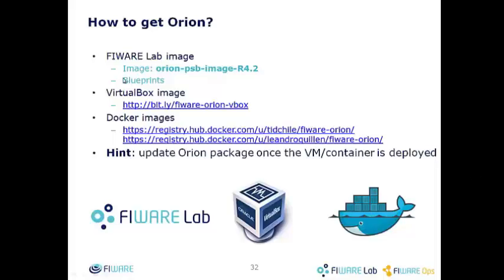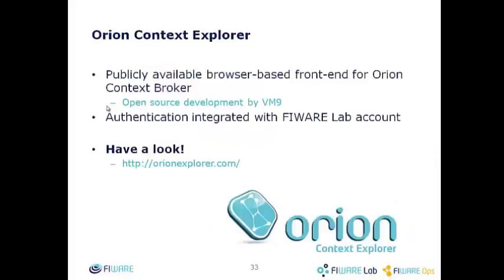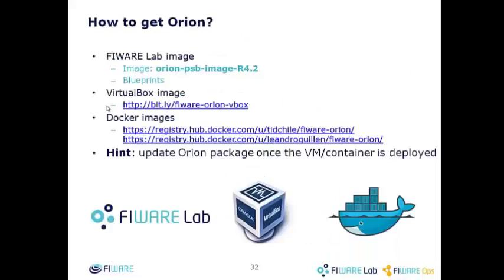You also can have it through the blueprints, also on the FIWARE Lab, and you could have it as a VirtualBox image for your own computer or for your own server, on a virtual server, from this address. And then you also have Docker images. So those of you that are familiar with Docker, you can get the Docker image there, and it's much easier to deploy Orion.